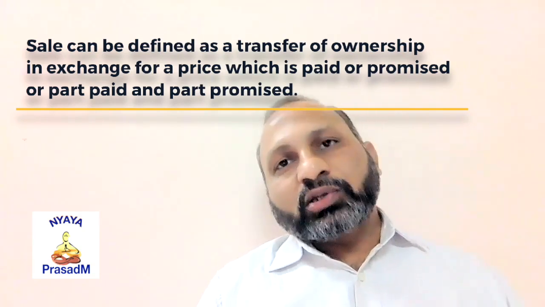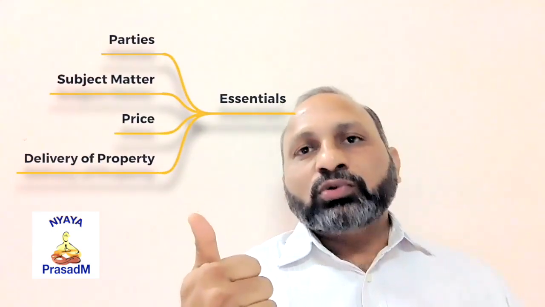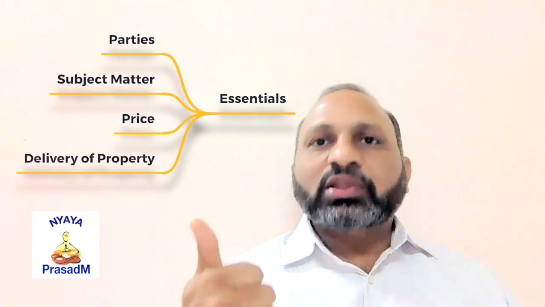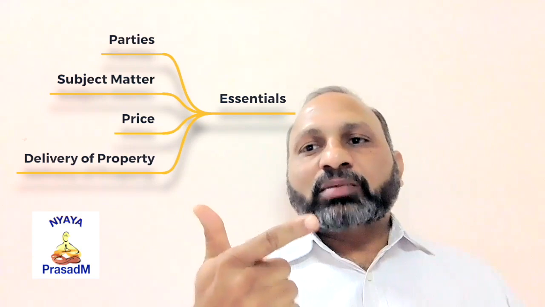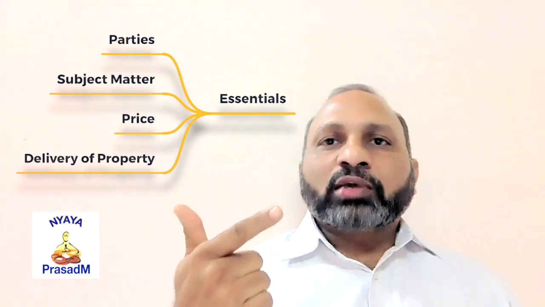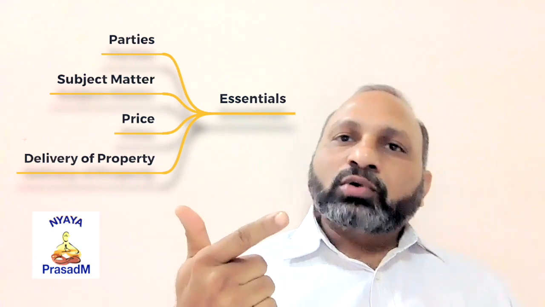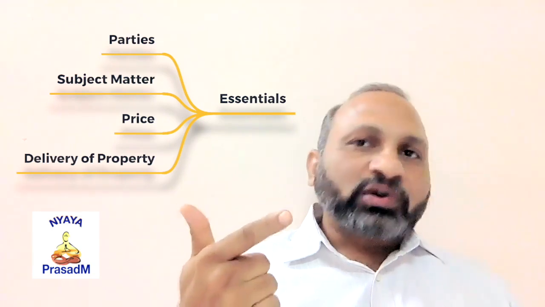However, this particular sale has certain essentials which are really required. The very first essential for sale is that it requires two parties. Without having two parties, you do not proceed with a sale. The second thing is there should be a subject matter, a subject which they are going to deal with under the transaction of sale.